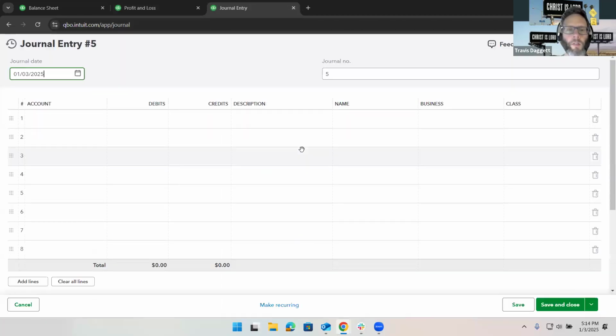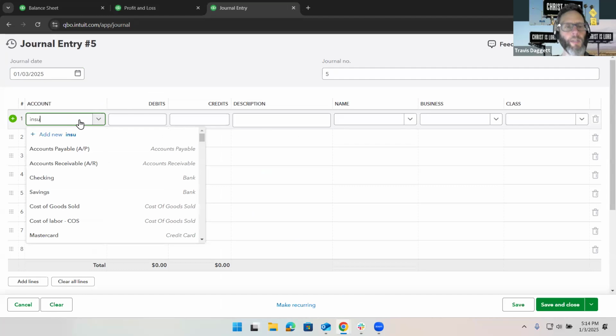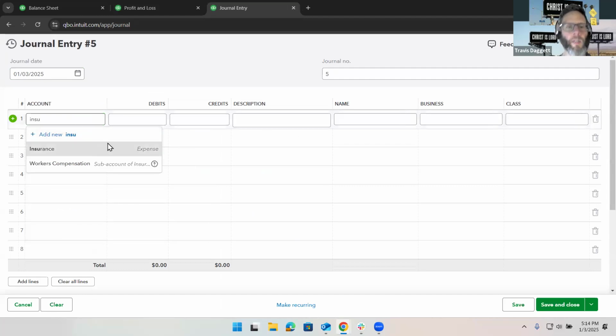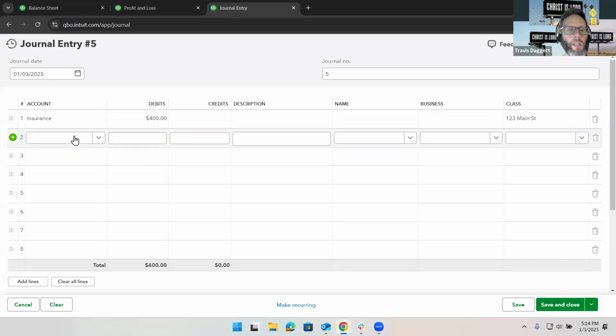Okay, now let's look at what happens when we pay taxes or insurance or both. So again, you see this on your statement from your servicing company. So let's say that they show that they paid insurance and it was $400. Okay, so insurance expense, debit the expense, that's correct.